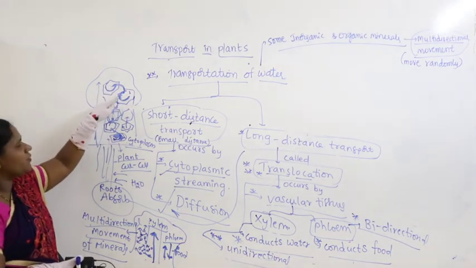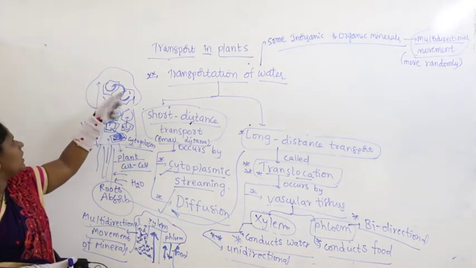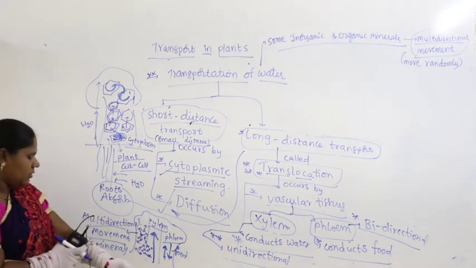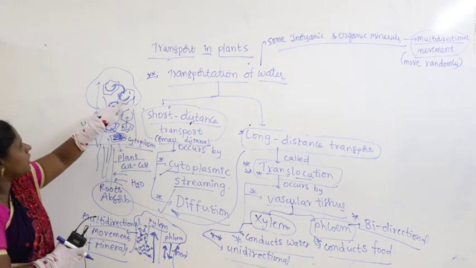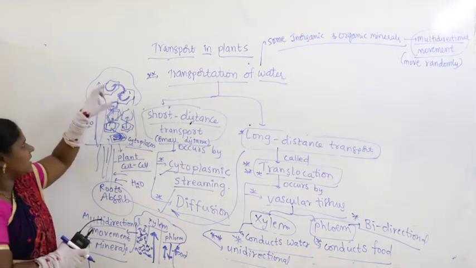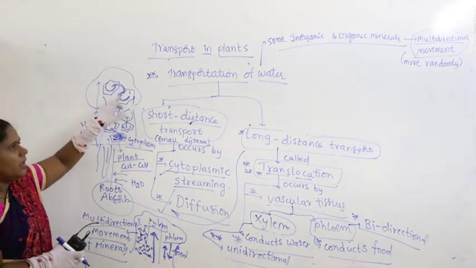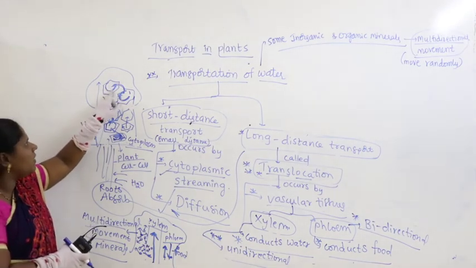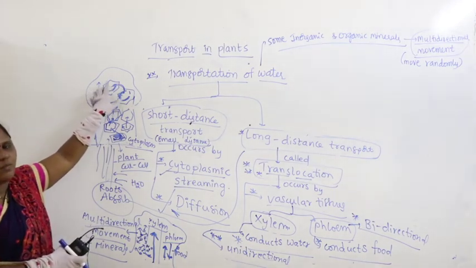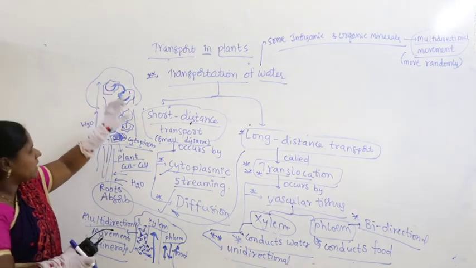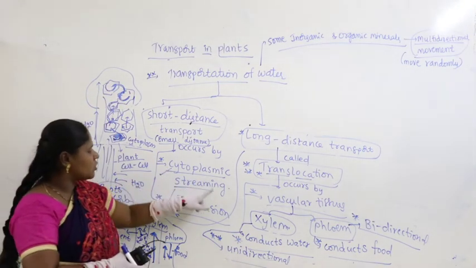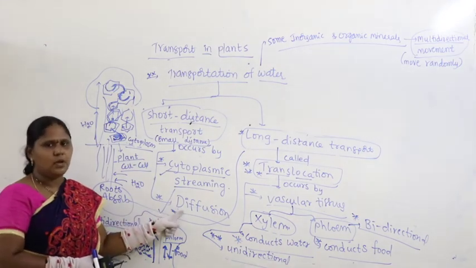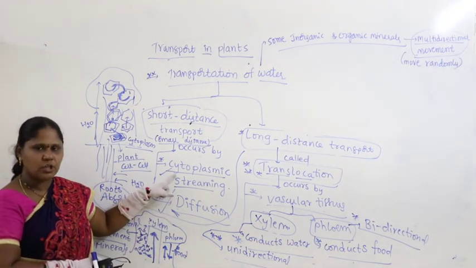When it keeps moving from one place to another cell, it takes all the components and pushes them at one corner. It takes all the nutrients and minerals.